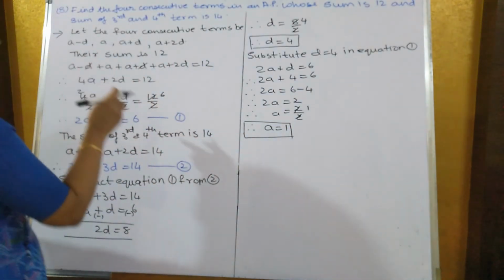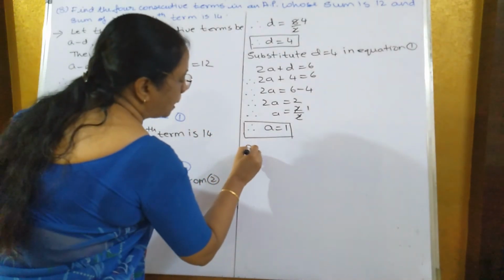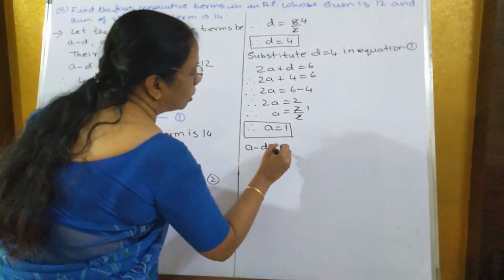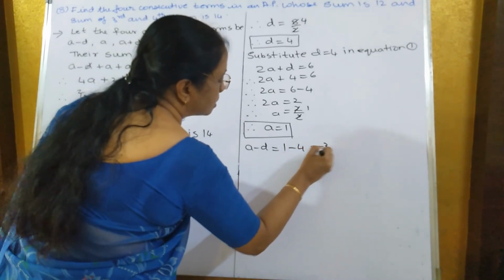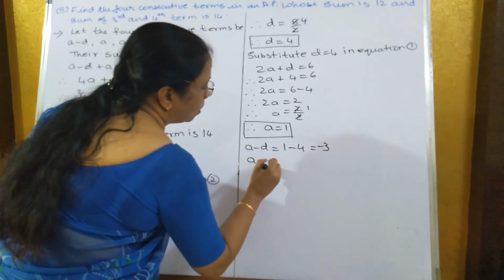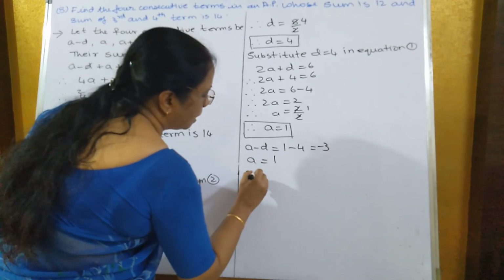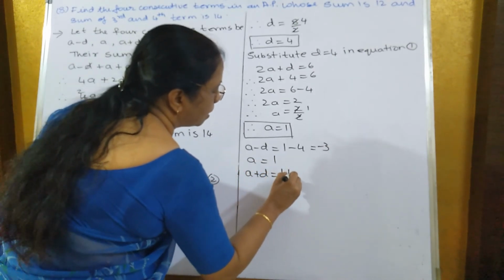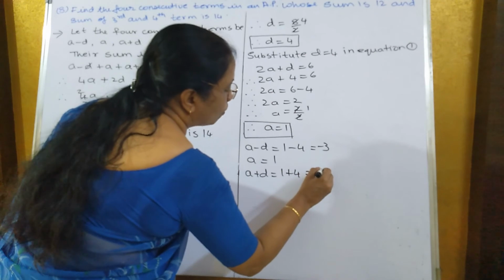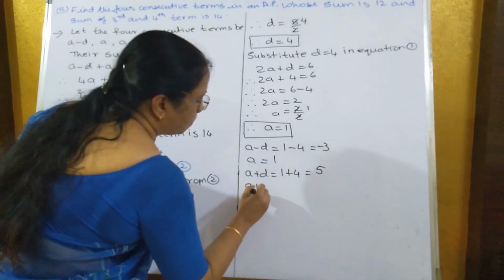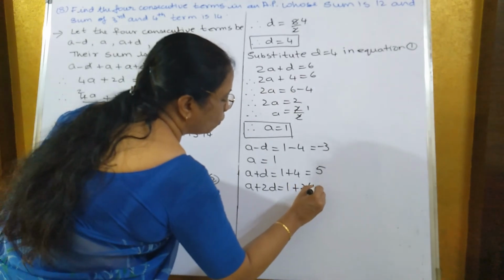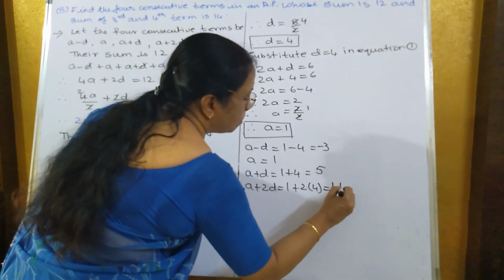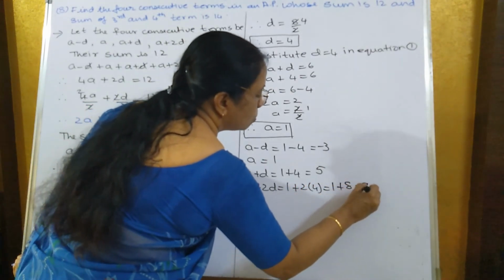A minus d is equal to 1 minus 4, that's equal to minus 3. A is equal to 1. A plus d is equal to 1 plus 4, that's equal to 5. And a plus 2d is equal to 1 plus 2 into 4, that's 1 plus 8, that's equal to 9.